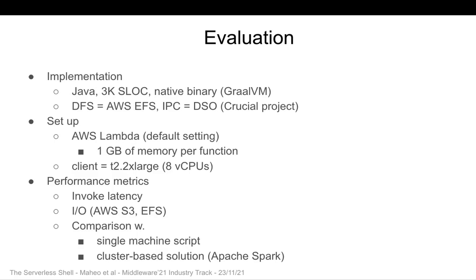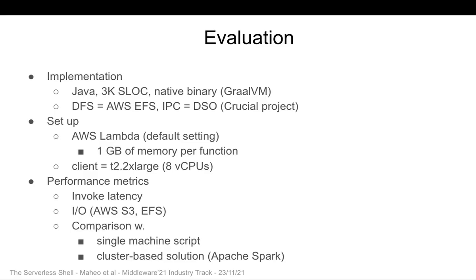The inter-process communication layer was implemented using the distributed shared object software component, which is part of the Crucial project. For the evaluation, we use AWS Lambda as the serverless platform, and S-Shell was run on an EC2 instance containing 8 compute cores.